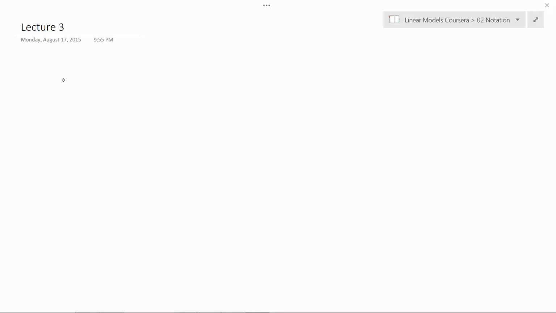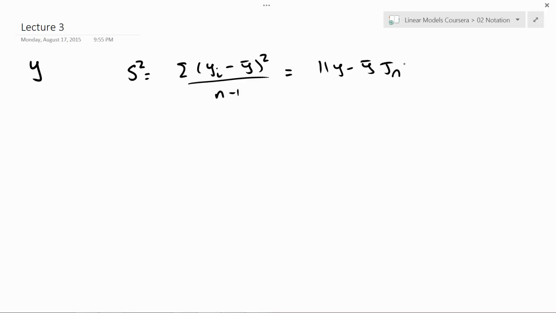So the variance of our vector y, let's call it s squared, is equal to the summation of (yi minus y bar) quantity squared over n minus 1. That's exactly equal to the norm of y minus y bar times jn, squared, divided by n minus 1.